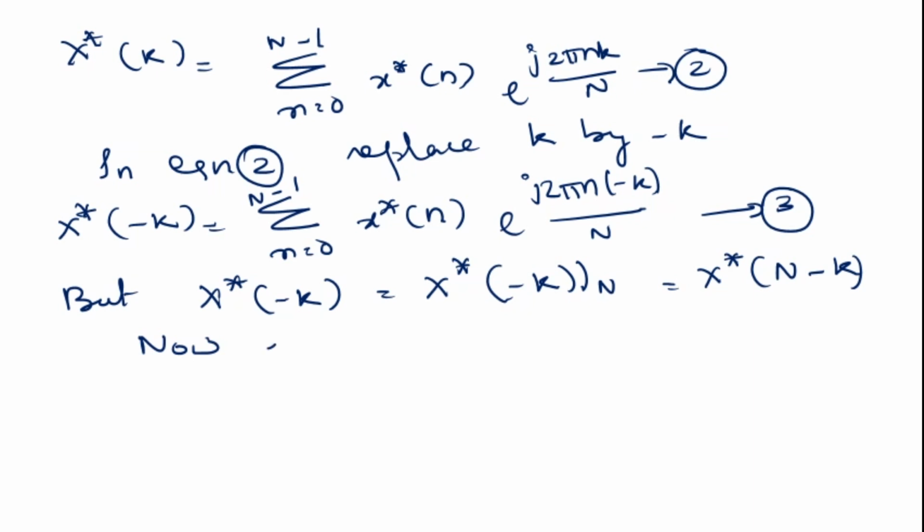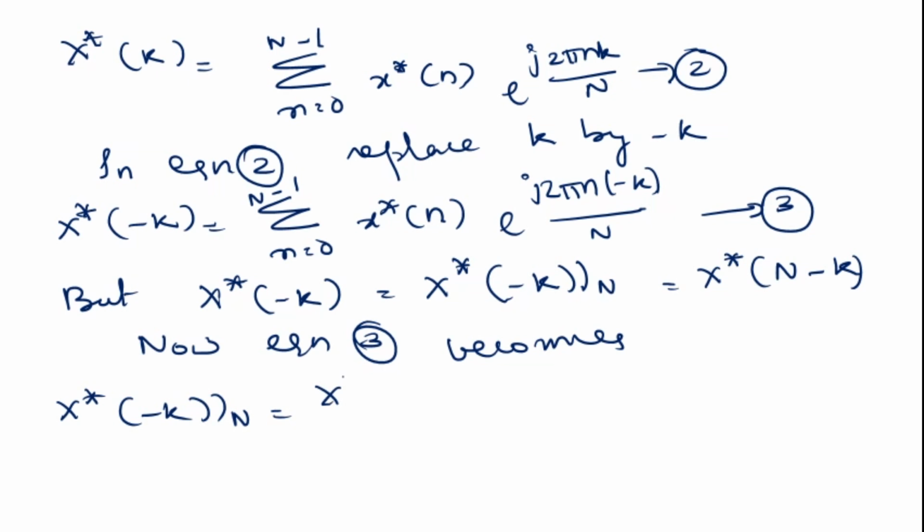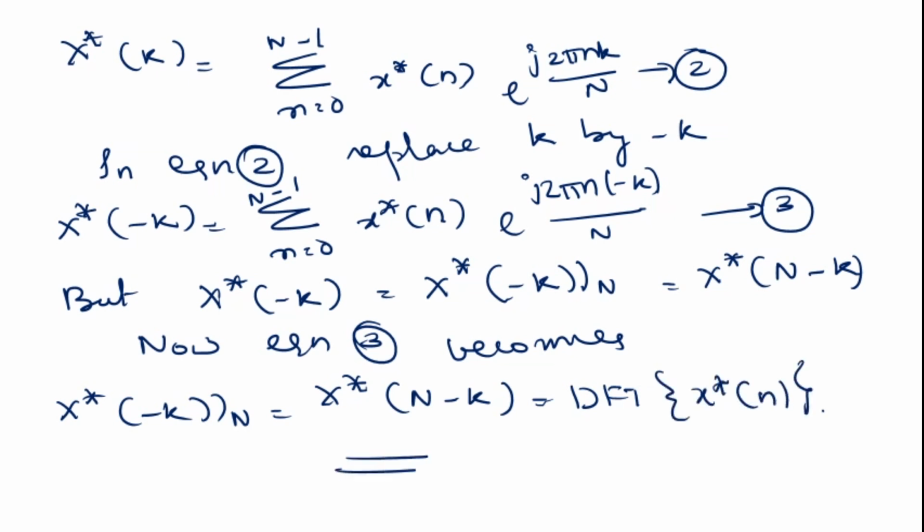Now equation number 3 becomes X star of minus k of N is equal to X star of N minus k is equal to DFT of x star of n. Hence proved.